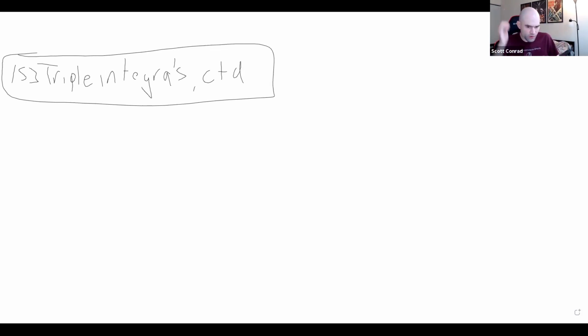Okay. So we saw yesterday how to do triple integrals. We're integrating a function of 3 variables, x, y, and z, over some solid region in space in R3.